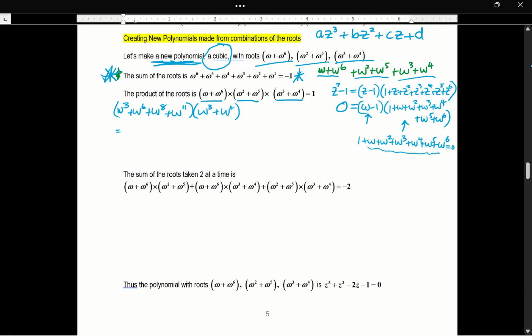So we're talking about w^6 + w^7 + w^9 + w^10 + w^11 + w^12 + w^14 + w^15 when you multiply them out.